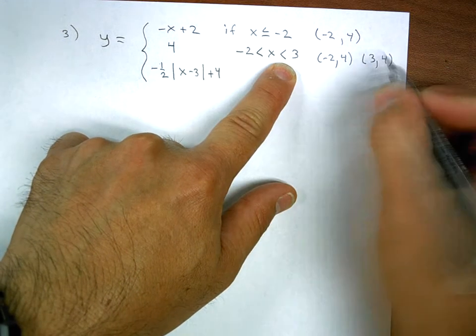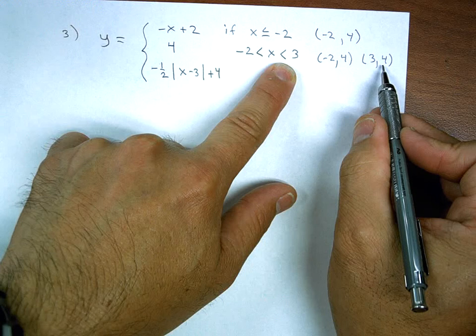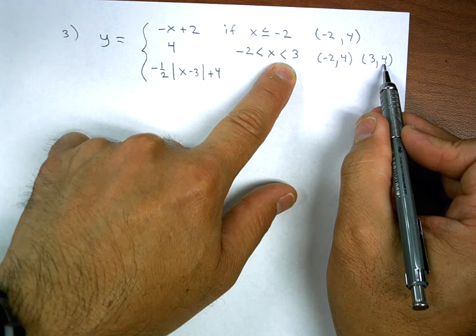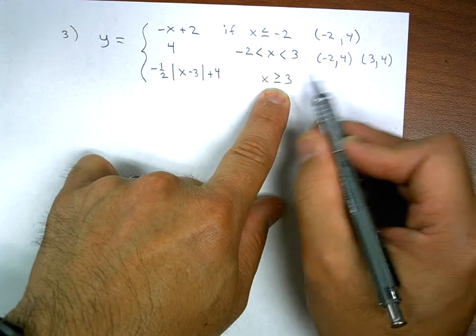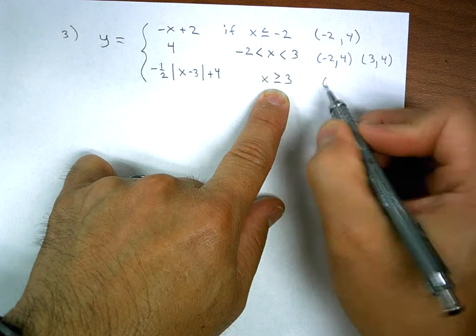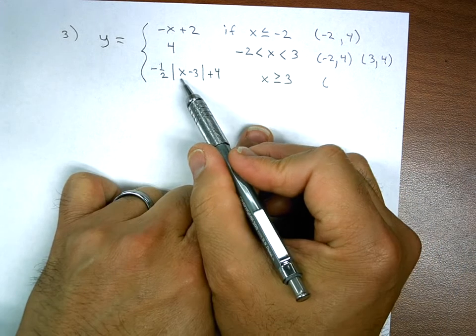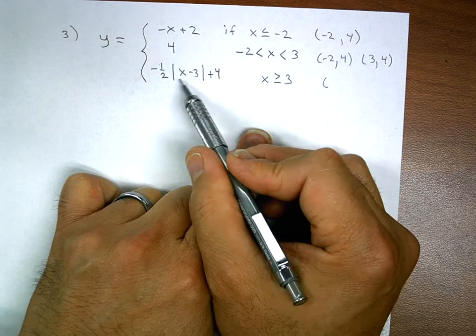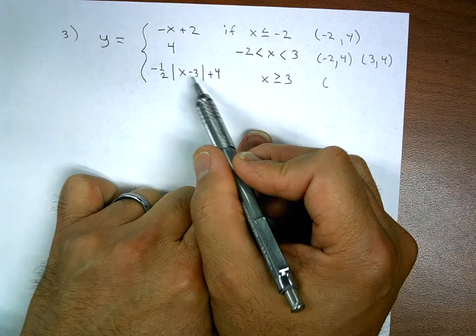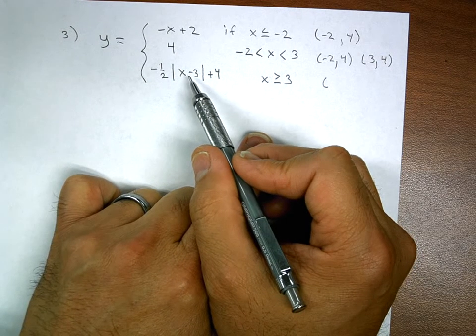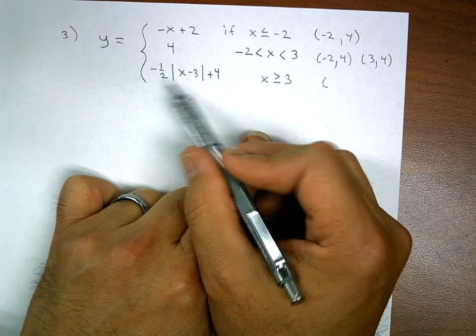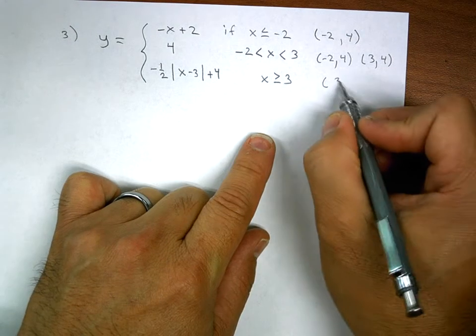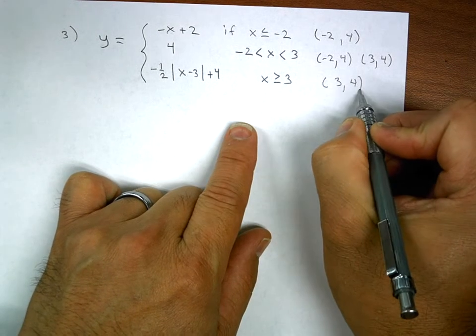Then for the last piece, plug in 3: 3 minus 3 is 0, the absolute value of 0 is 0, 0 times a half is 0, plus 4. So plug in 3, you get 4 as well.